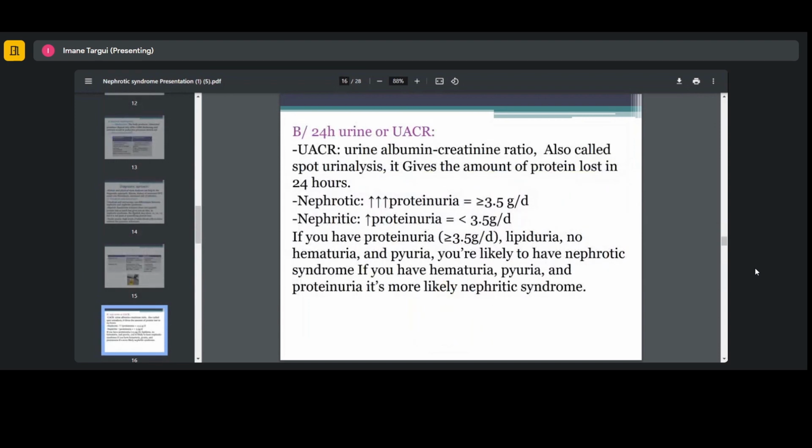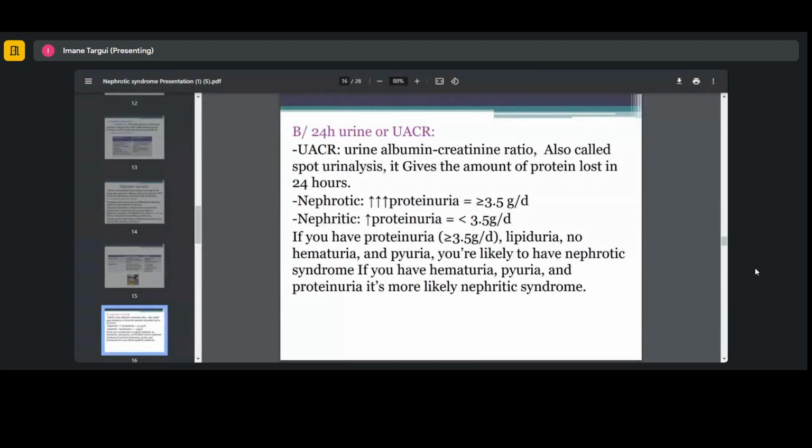24 hour urine or urine albumin creatinine ratio, also called spot urinalysis. It gives the amount of protein loss in 24 hours. We can ask the patient to save their urine for 24 hours, and after that we can differentiate between nephritic and nephrotic.